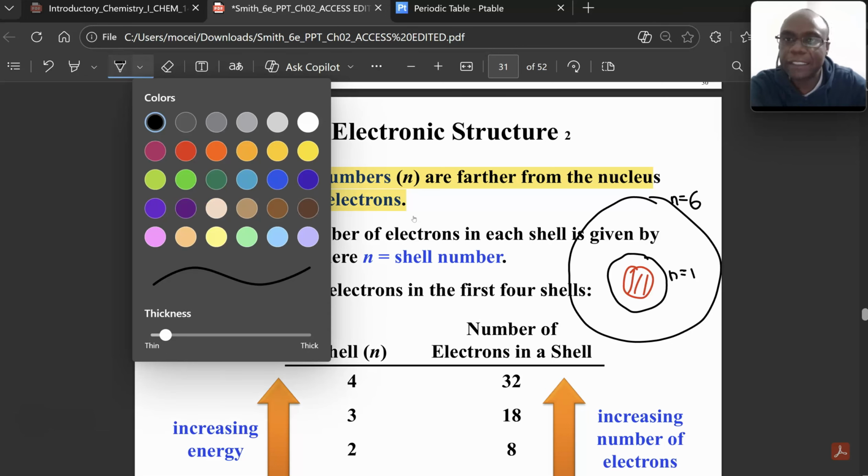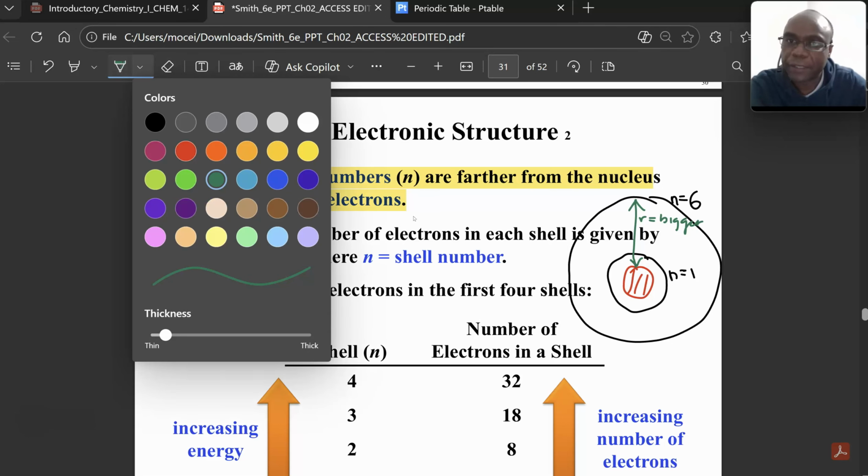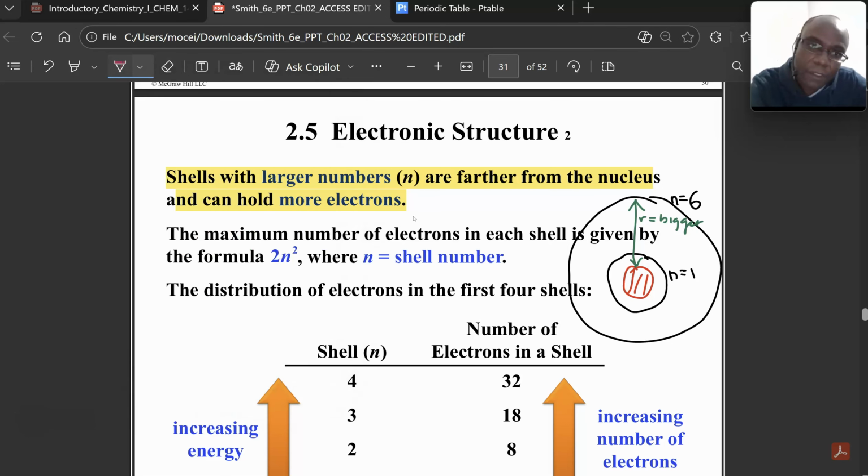You can see that the radius here is going to be bigger than the radius here.